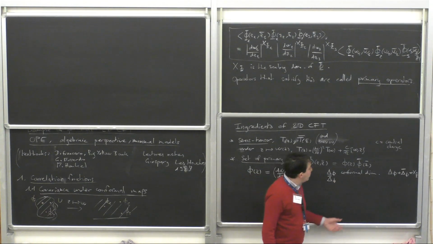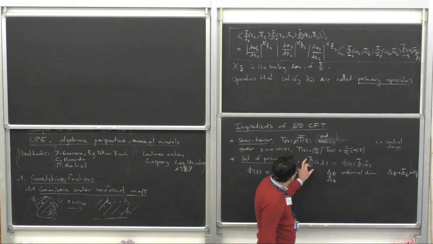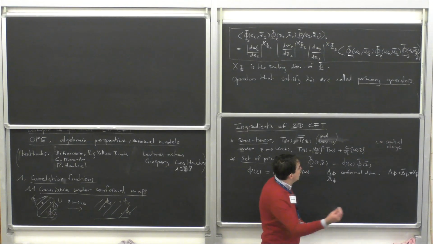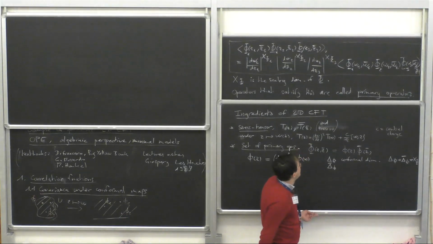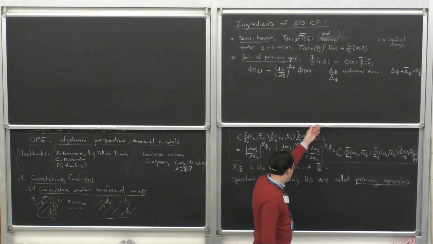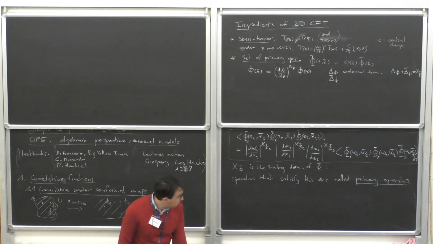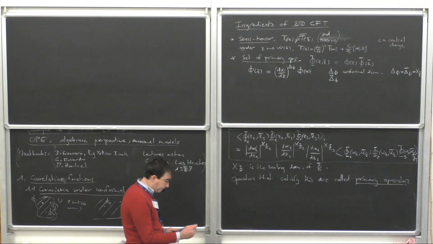If they are not equal, then the difference of the two tells you how the operator transforms under rotations. So it's like an angular momentum in 2 dimensions, or if you want a spin of the operator. Good, so that's the second ingredient, it's the primary fields.